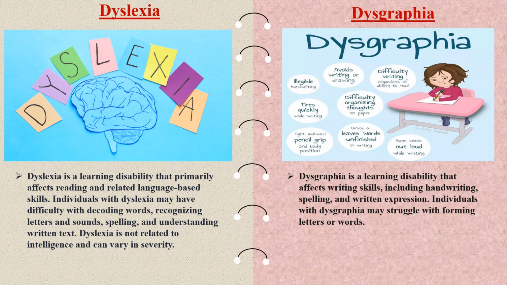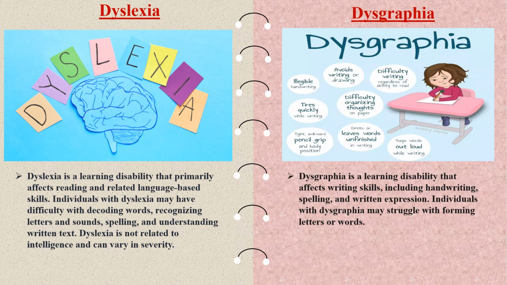First, we will discuss what we mean by dyslexia. We can say that dyslexia is a learning disability that is related to reading. It mainly affects our reading skills or any language-based skills. For example, a child faces difficulty in identifying words like fried and fired, or tired and tried.